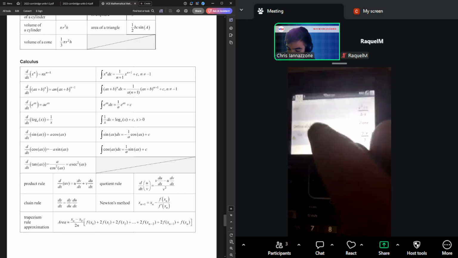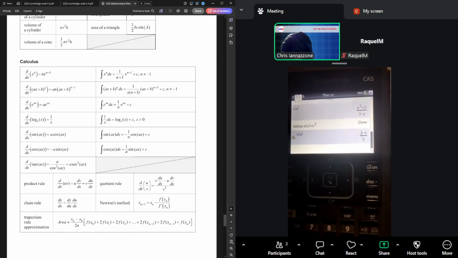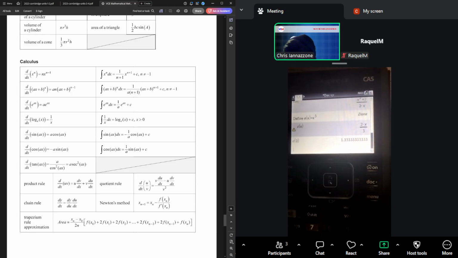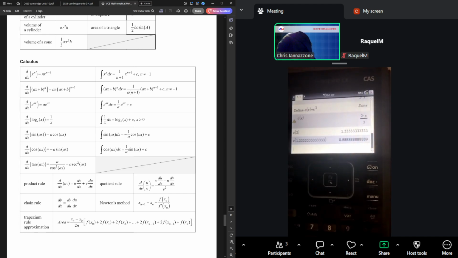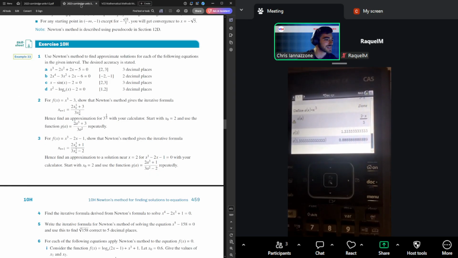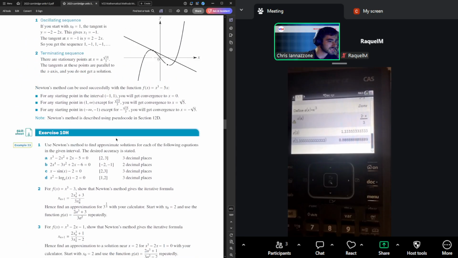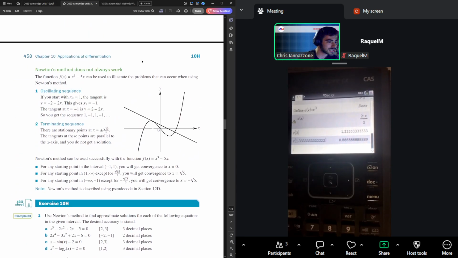For x cubed, we would expect an x equals 0 solution. So once again, let's say we're guessing at 2. That's going to find 1.33. And we should... Oh, actually, for cubic specifically, this might actually break, because it's an odd function. Remember we talked earlier about the oscillating sequence, where you go back and forth between your solutions. This one might not actually work.